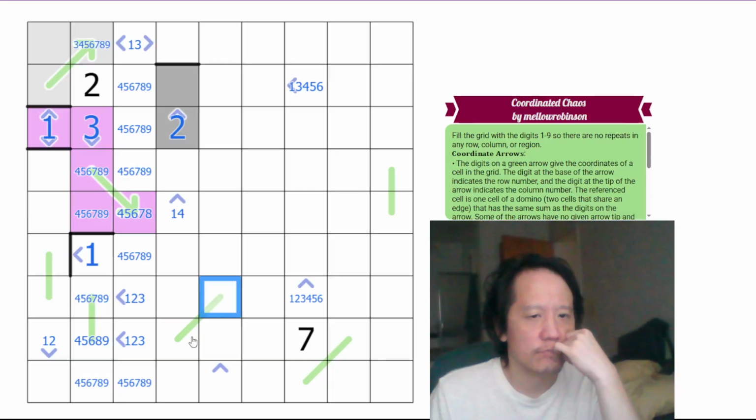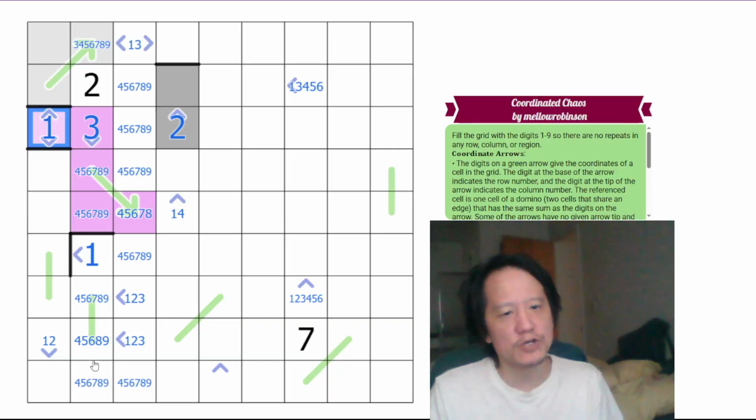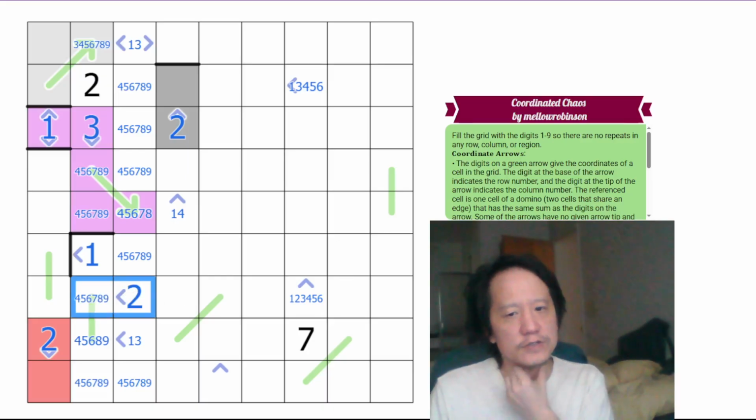I mean, that seems okay-ish. This 1 means this can't be 1, so this is 2, which means this is the same region. That's fine, which means this can't be 2, so this is the 2 in column 3. So then these 2 are the same region, which means these 3 are the same regions.